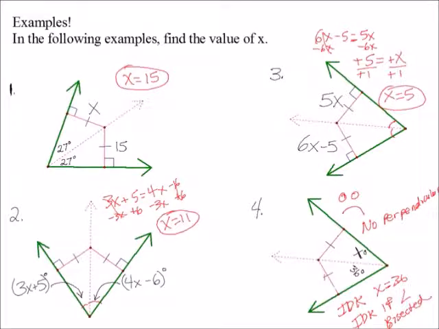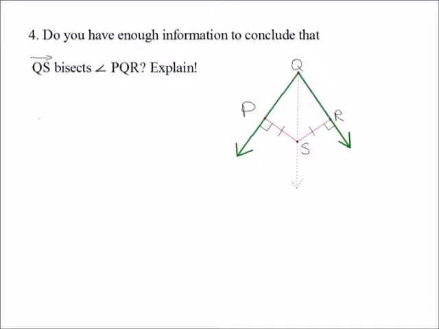One more example I wanted to show you. Do you have enough information to conclude that ray QS, so here's QS, start at Q, go through S, bisects angle PQR? Well, let's look. And we have to explain as well. Well, two things.